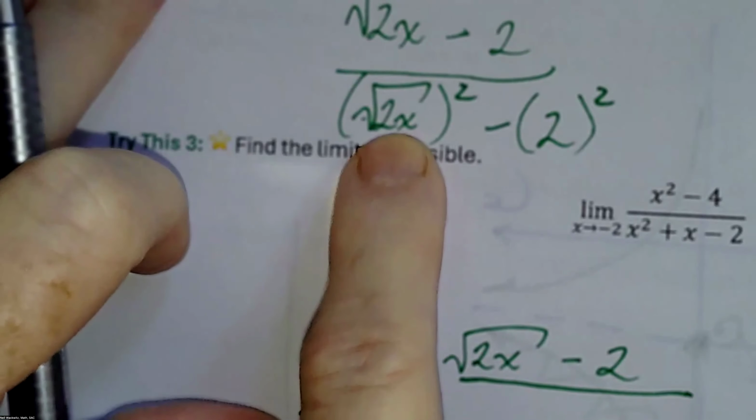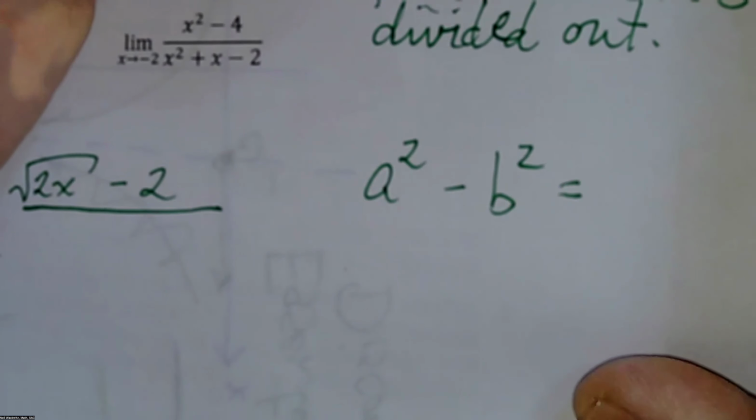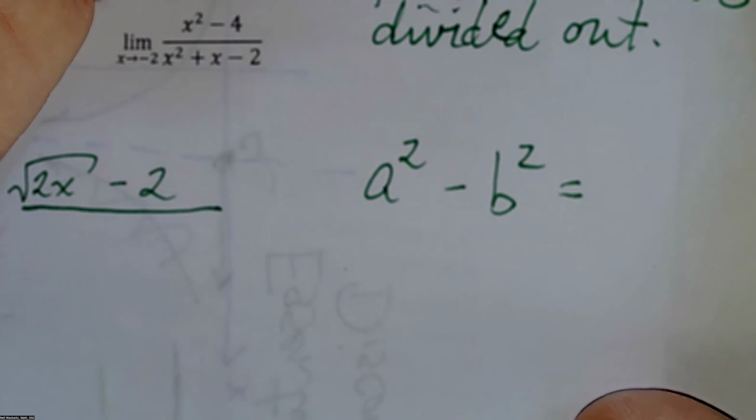how would I factor a squared minus b squared? You looked at this before, right?